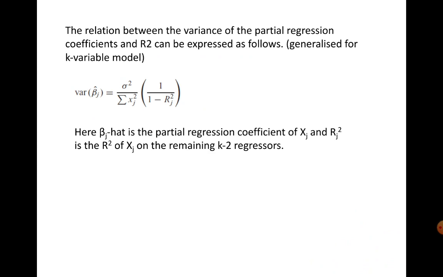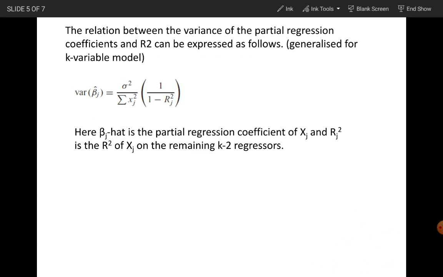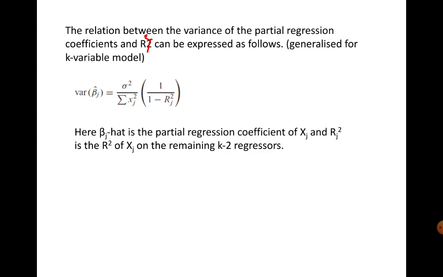Finally, the relationship between the variance of the partial regression coefficient and r square. Just, this shouldn't be r2, it's r square, that's superscript. So the relationship between the variance and the partial regression coefficients should be noted.